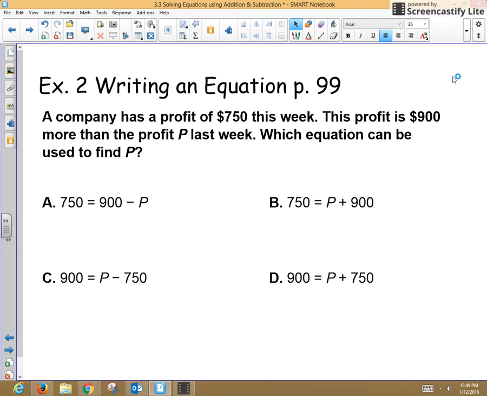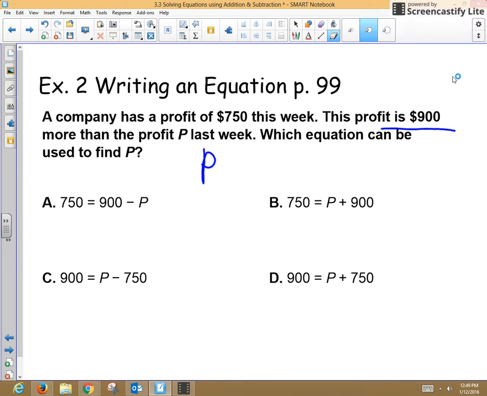So for this equation, I'm going to transfer what I know in words into algebra. I'm going to let P stand for profit. The profit this week is 900 more than last week.